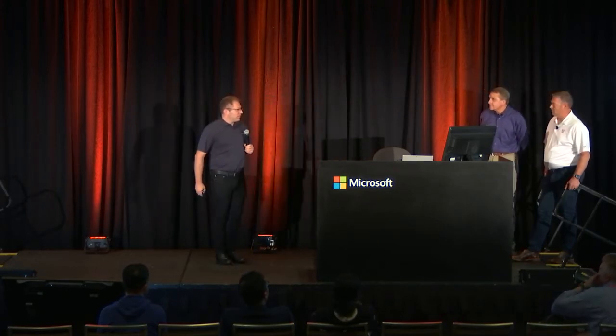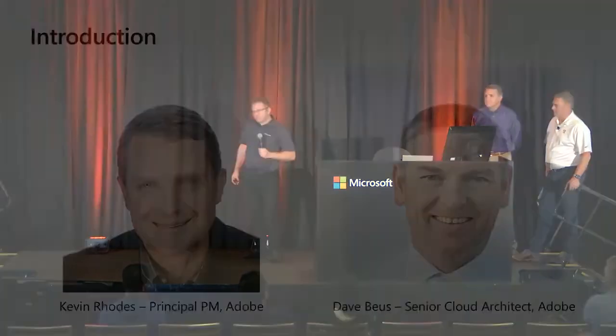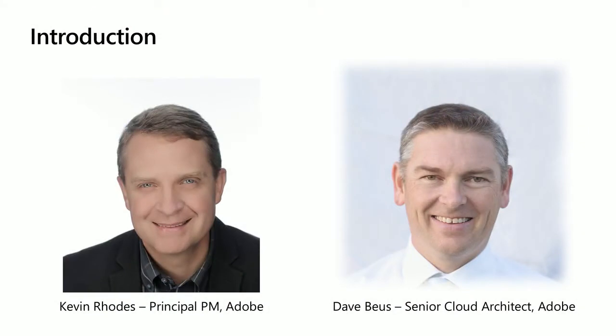And with me today, Kevin. Kevin is a principal PM in Adobe. Kevin is in fact the glue between Adobe and Microsoft, and Kevin is the person that's making those two large machines work together in unison. Kevin, thank you for joining us. And Dave.